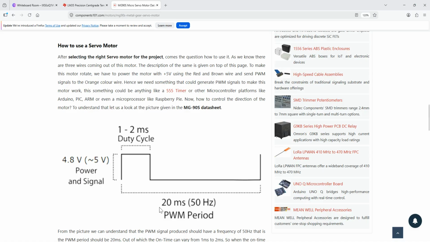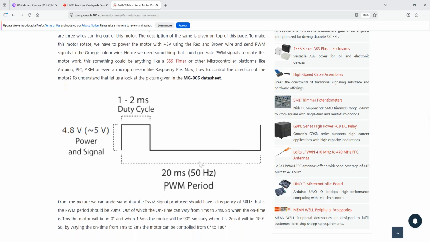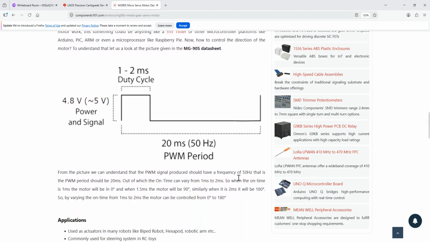If we calculate the time period, it is 20 milliseconds. Now, how do we control the angle of the shaft? There is a small description from the data sheet only. I'm not showing the data sheet because much of the data is in Chinese, so it is tough to understand.